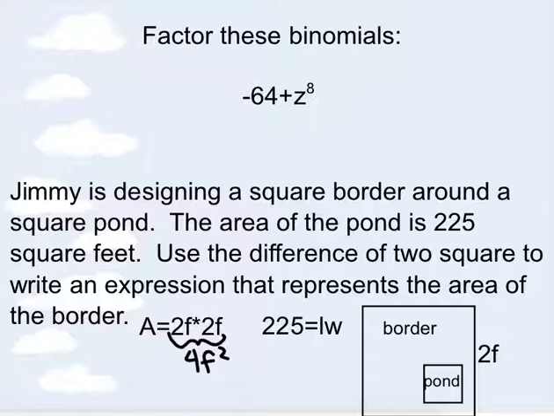We need to take out the pond, which is 225. Now we can factor this because it's a perfect square. It's easily factored to say 2f plus 15 times 2f minus 15. That is the area of the border.